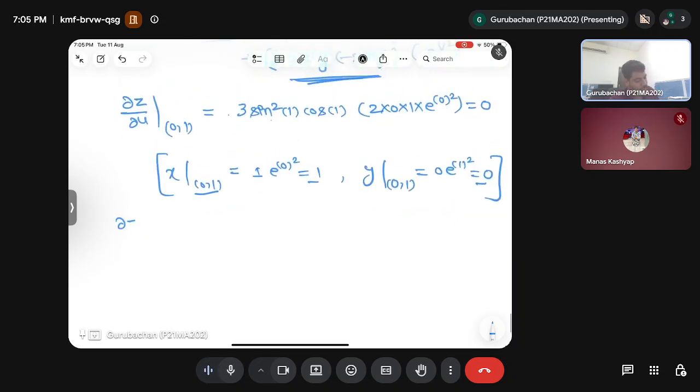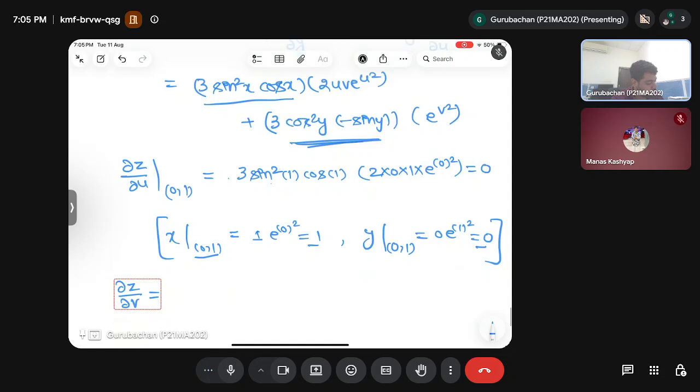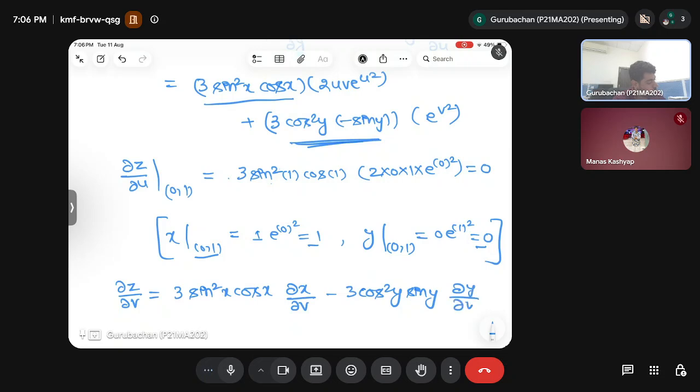Now del z by del v. So we know that del z by del x from the above expression is 3 times of sine square of x cos of x, into del x by del v. So in the next expression, this will be minus 3 times of cos square of y sine of y, del y by del v.